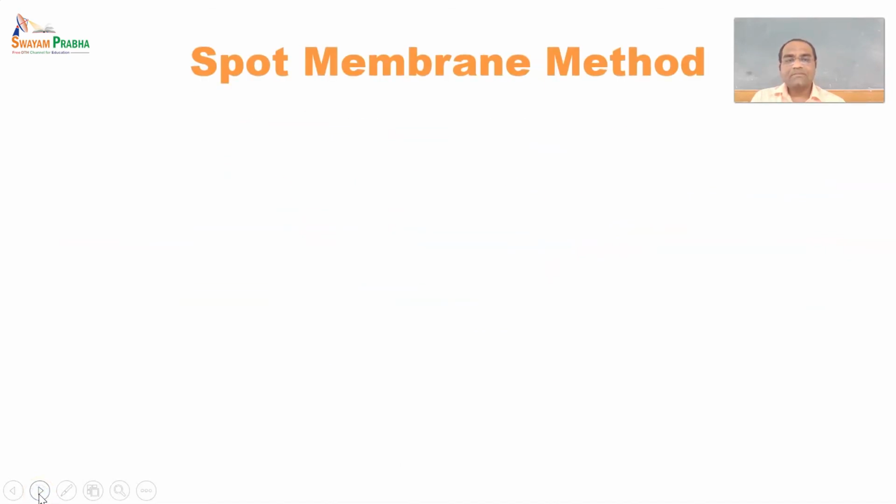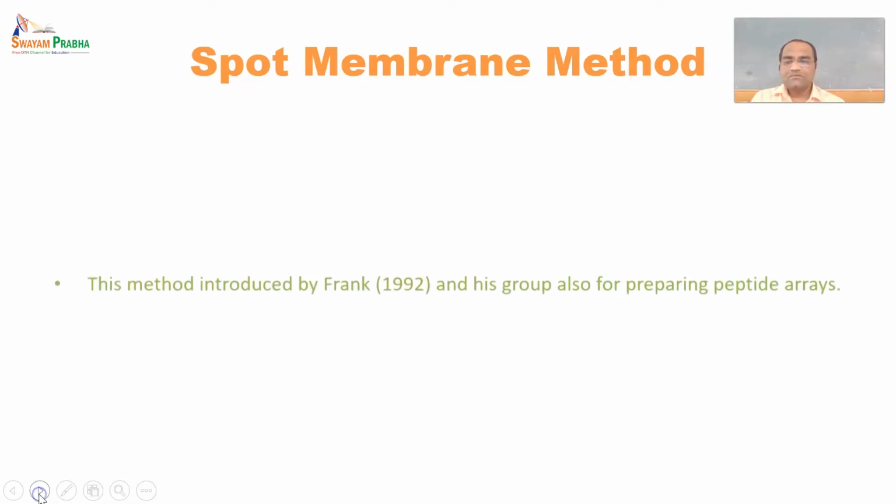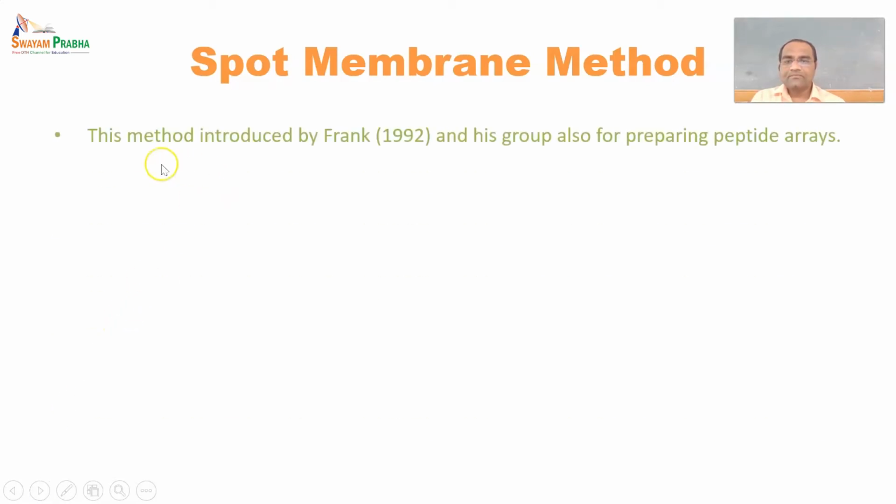Next method, that is the spot membrane method. The name itself indicates that there is a membrane in this method, and a spot, so defining a spot or putting a spot on a membrane. This is how parallel synthesis works for the spot membrane method. So we'll see in detail.